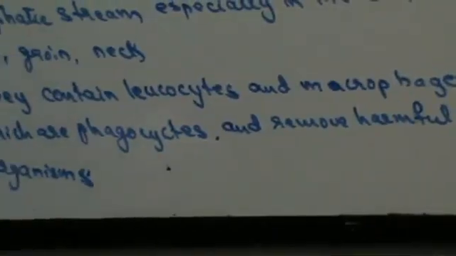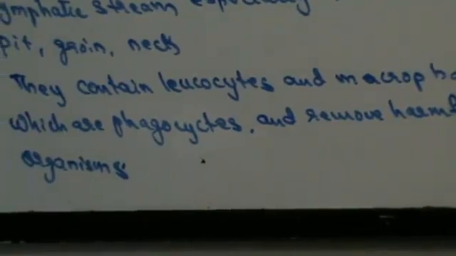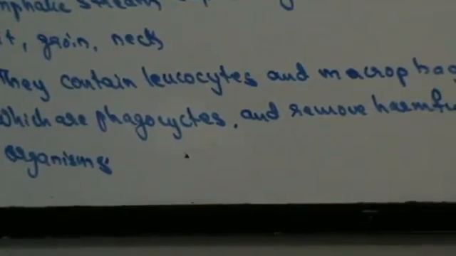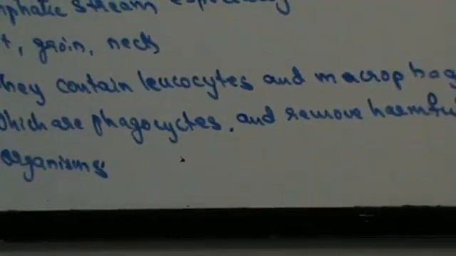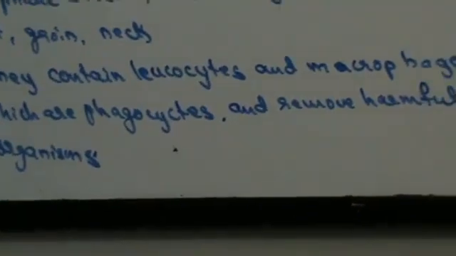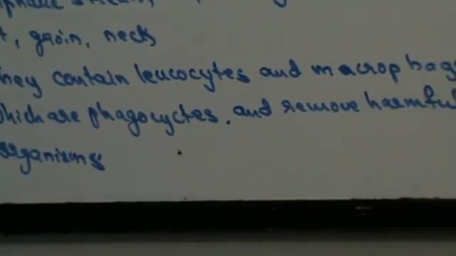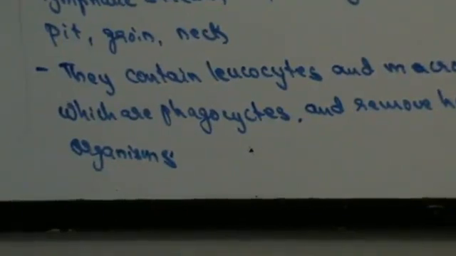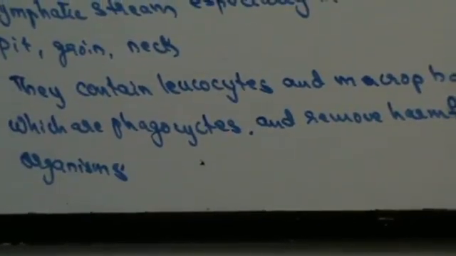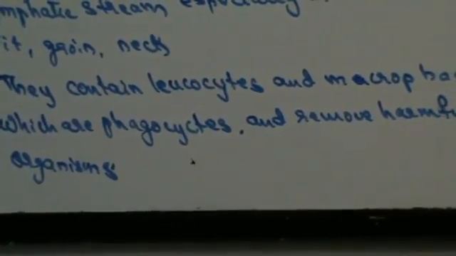So that is my entire lymph system, right? They occur at intervals. They are nothing but nodes of lymphoid tissues. They contain lymphatic plasma and they contain macrophages.